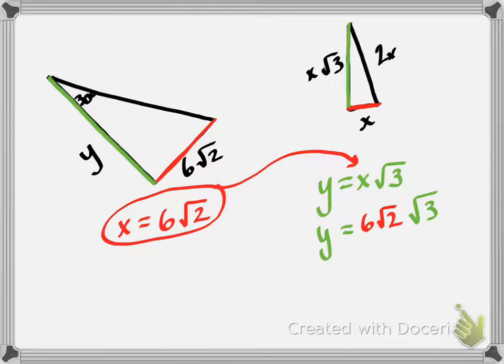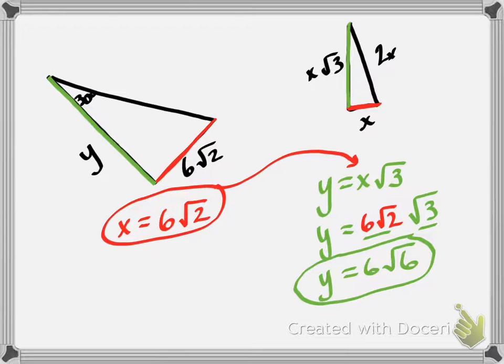And then we're just going to multiply those two things together. So we can multiply the two numbers underneath the square root to make 6 square root 6. I cannot simplify this any further, so y has a value of 6 square root 6. And that would give me my answer.